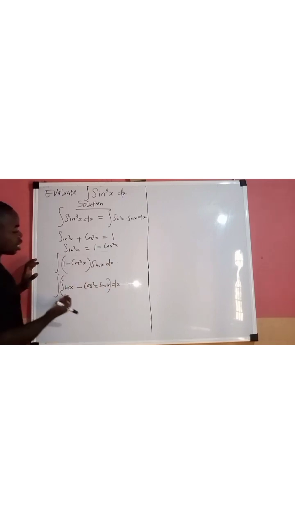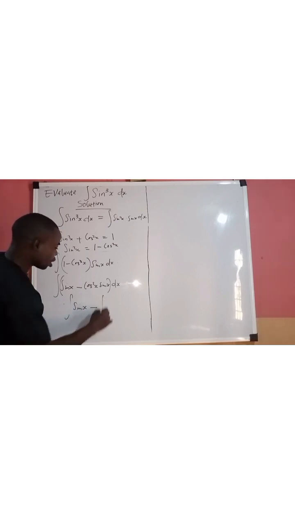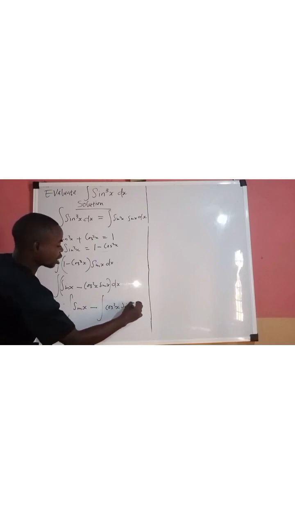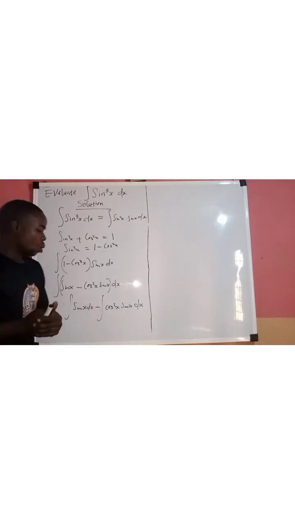So I'm going to pass the integral into these functions right here, and we are going to have integral sine x dx minus integral cos squared x sine x dx.